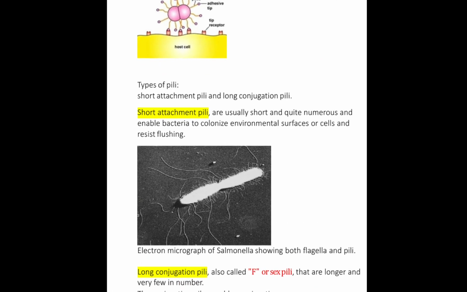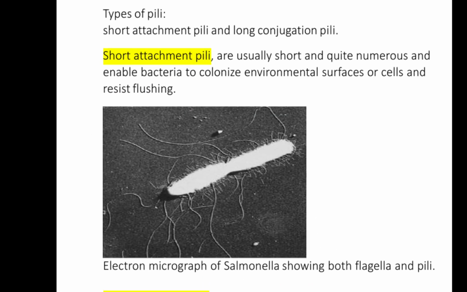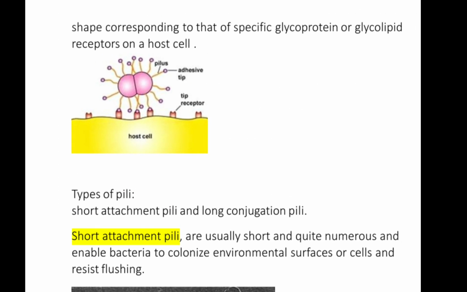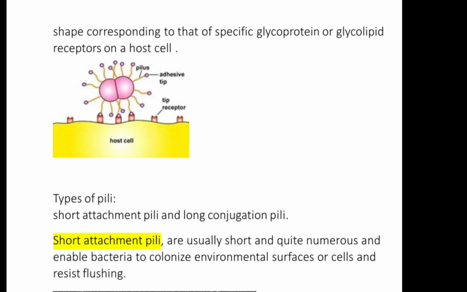One is the short attachment Pilli, and another is the long attachment Pilli. Either it is Pilli or Fimbria, they have a hair-like structure, that is called the shaft. But at the tip of this hair-like structure, they have some kind of glycoproteins or glycolipids present, which act as an attachment site for binding to the host.